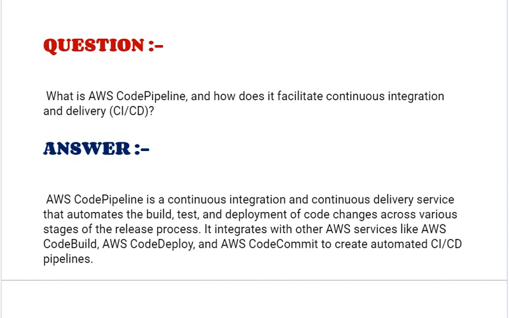Your answer should be AWS CodePipeline is a continuous integration and continuous delivery service that automates the build, test, and deployment of code changes across various stages of the release process. It integrates with other AWS services like AWS CodeBuild, AWS CodeDeploy, and AWS CodeCommit to create automated CI/CD pipelines.